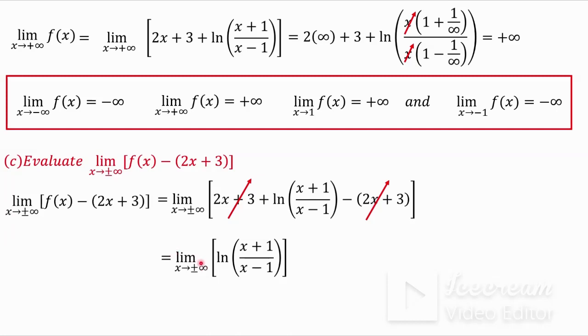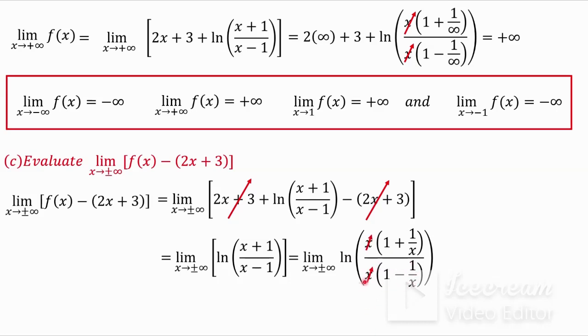Factoring x in the numerator and in the denominator, we obtain the limit as x tends to plus or minus infinity of ln of x times 1 plus 1 divided by x, divided by x times 1 minus 1 divided by x.